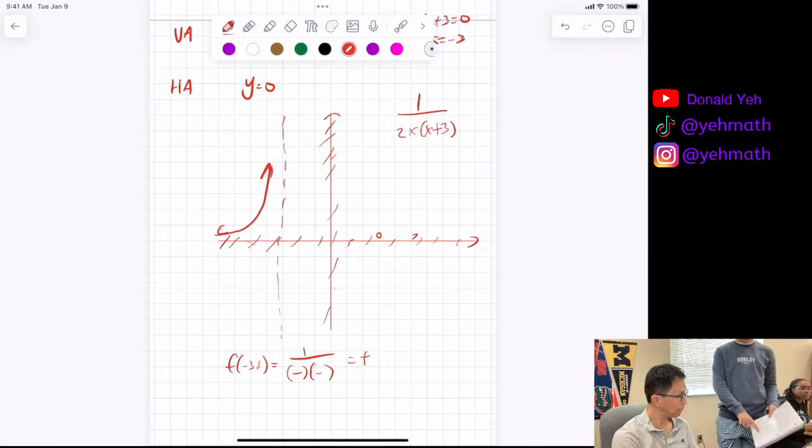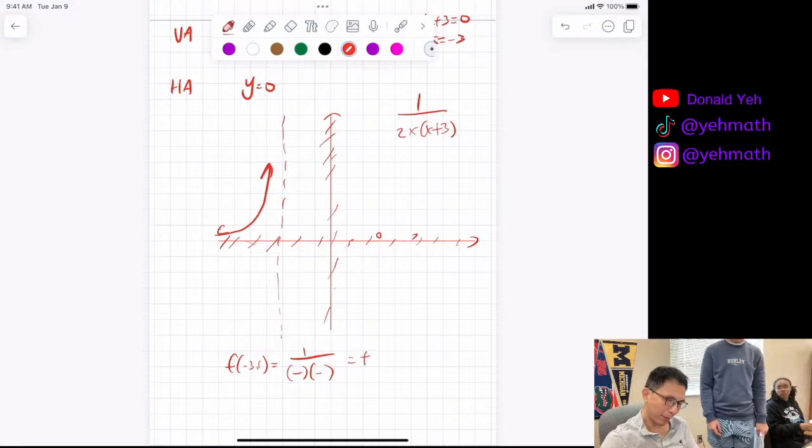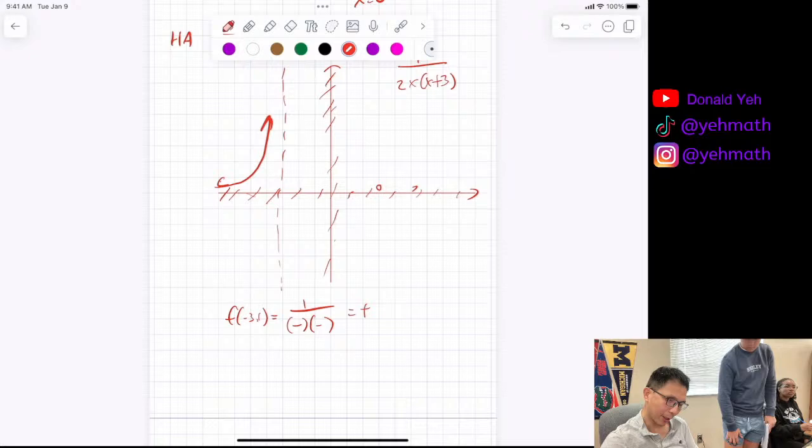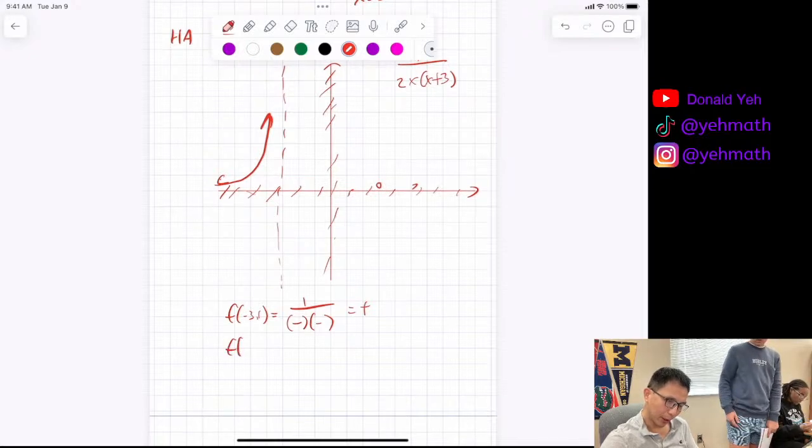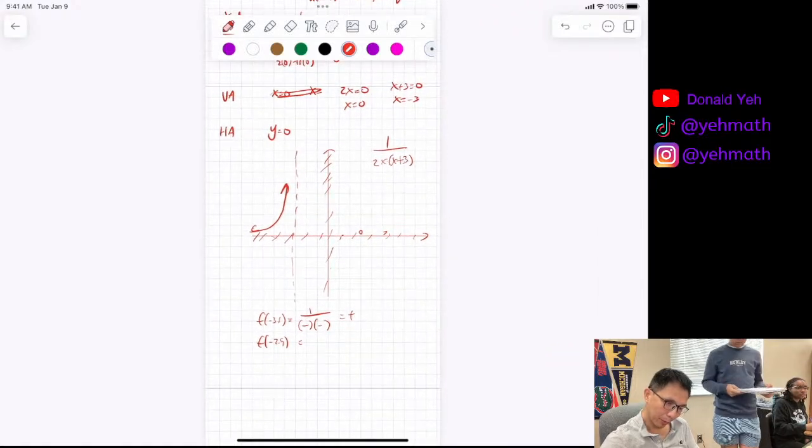It's like this, right? And then this point would be at x is negative 2.9. If you plug in a middle point, yeah, you can do that. Is there a better way to do it? No, I mean you're just going to study the behavior. I'm going to plug in negative 2.9, and this one is going to give you 1 over negative, positive, so it's going to be negative.